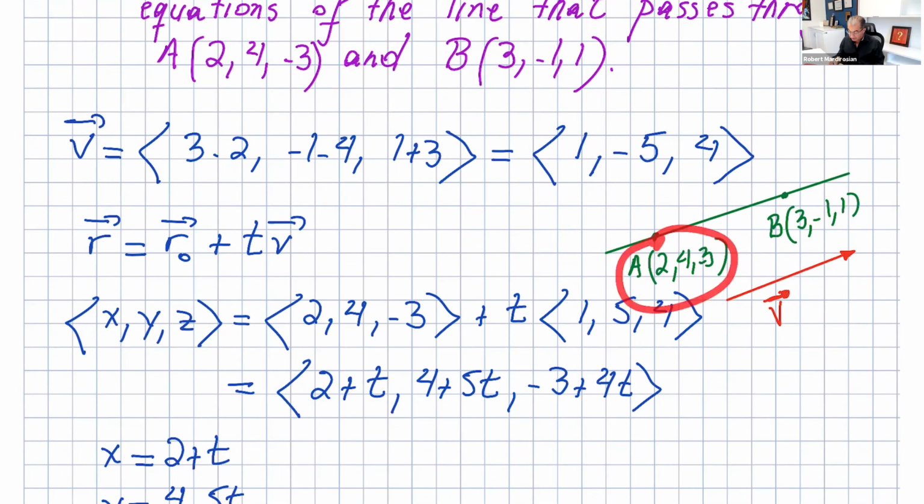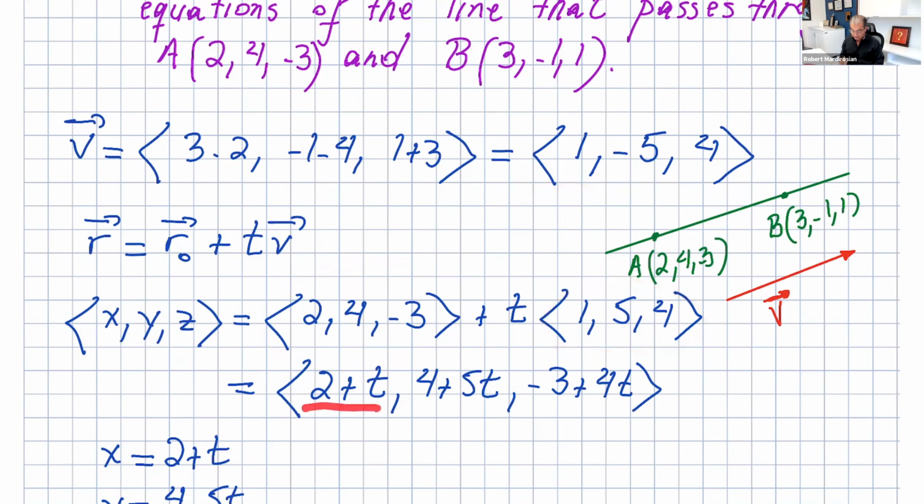So I picked the point A, and for r naught, I picked the components of that point. Again, the way you find that, you can just say 2 minus 0, 4 minus 0, -3 minus 0, because it's from the origin. So you get that plus t times v, and we already found the components of that vector.